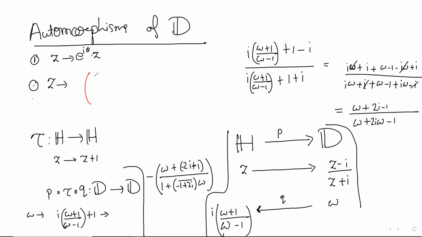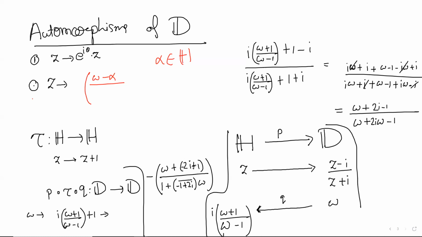We are getting this omega. This point is in the lower half plane. So this is alpha. Or maybe I should take it in the upper half plane and put a minus.